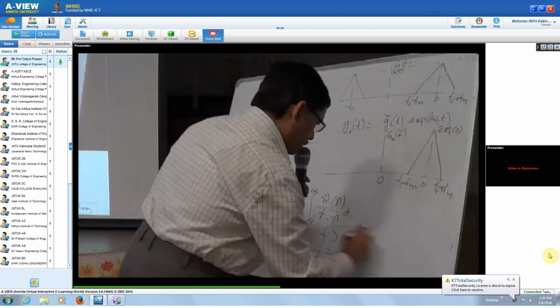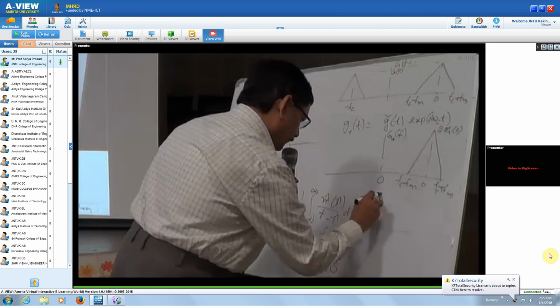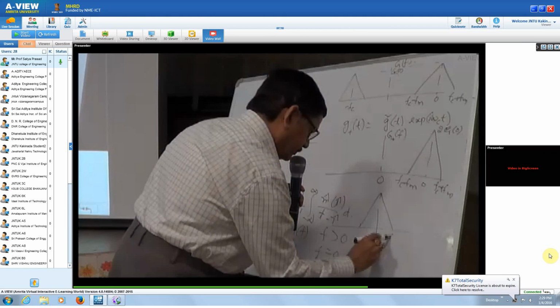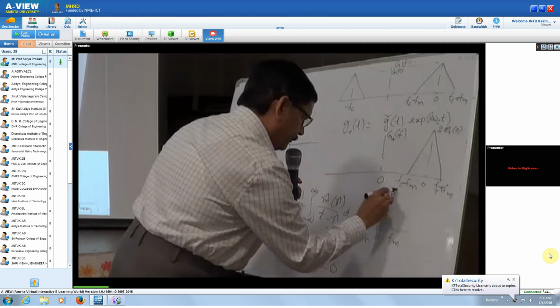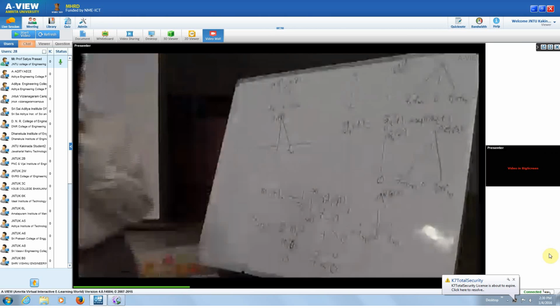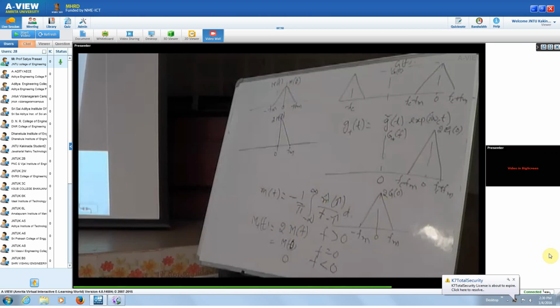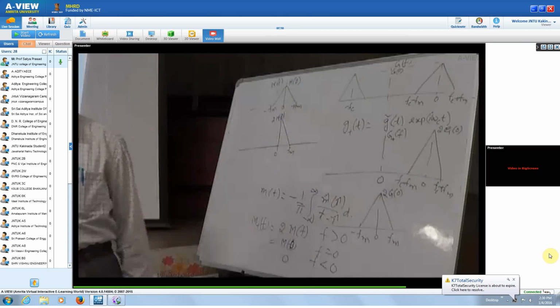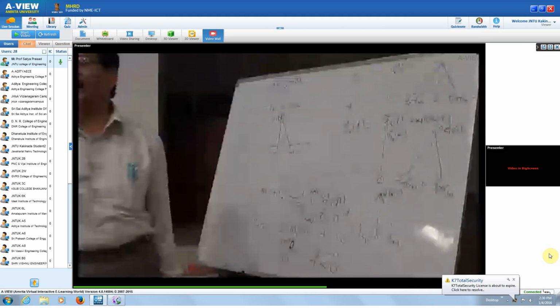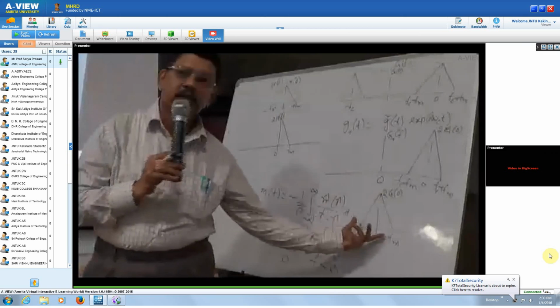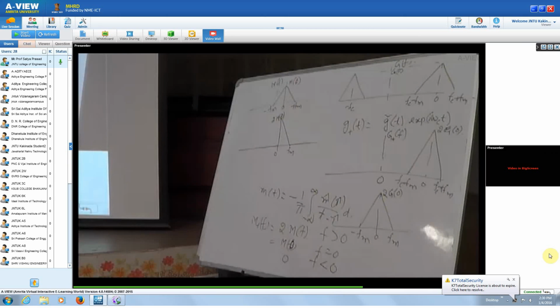Therefore, you will have the spectrum coming as our required baseband signal with twice the magnitude. So from the band pass DSB signal, we have got the required baseband signal.